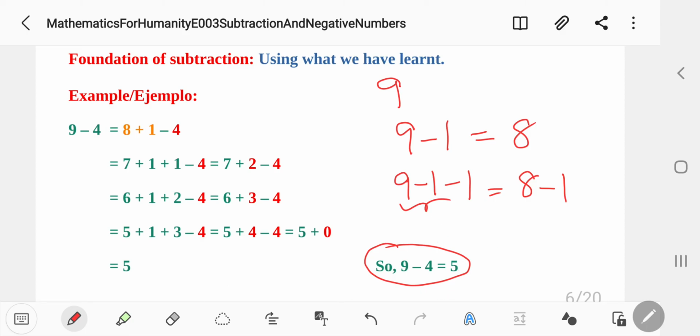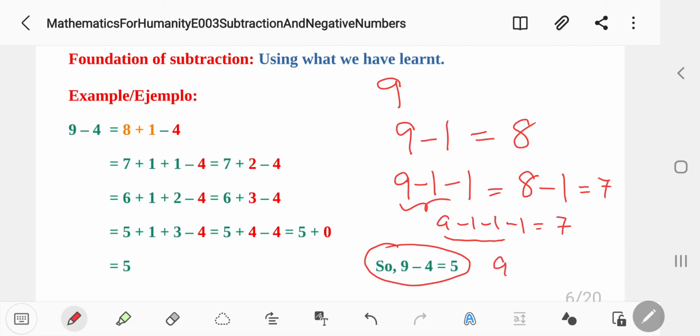And so you now have 8 minus 1 is equal to 7. And then the next one is 9 minus 1 minus 1 minus 1, this is equal to 7.